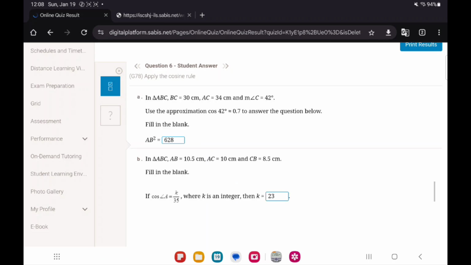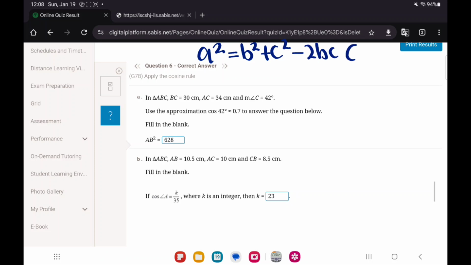Okay, here, cosine rule again. So the cosine rule is a squared equals b squared plus c squared minus 2bc cosine a. Okay? Here, let's draw the triangle because I feel like drawing the triangle is gonna make it way easier.